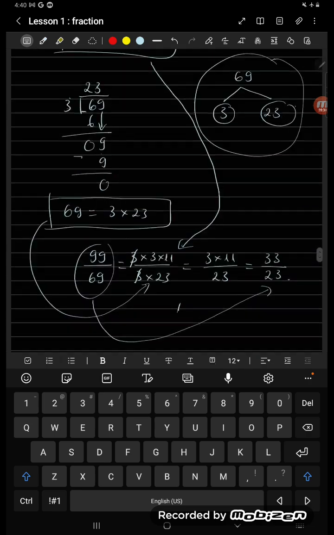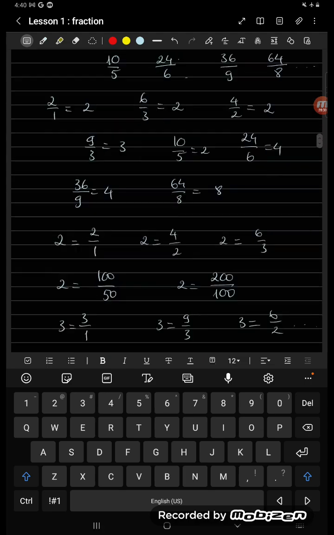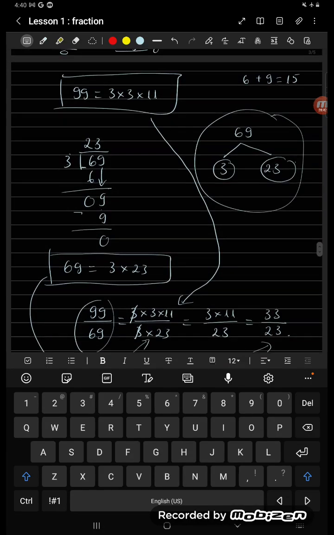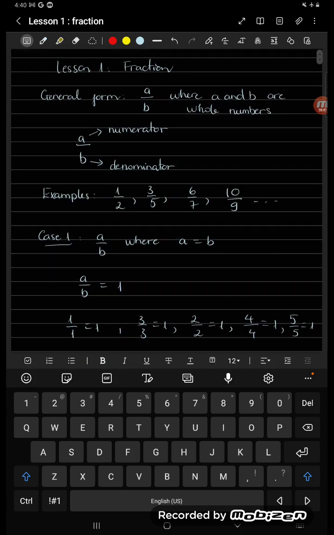So I already talked about fraction and 4 cases of fraction, so that you have some idea about fraction. Okay, so fraction is a simple thing. It's just a over b, and actually fraction is a division. Okay, a divided by b.